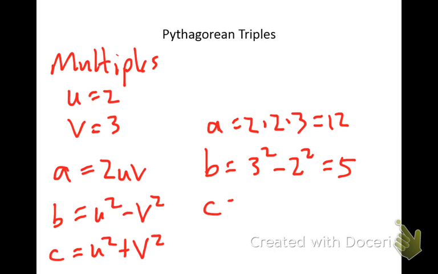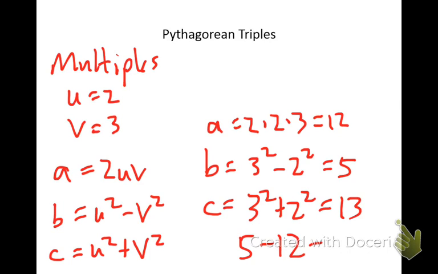And C is equal to 3 squared plus 2 squared, which is equal to 13. And so we have the Pythagorean multiple of 5, 12, 13. Now I could pick other numbers. I could pick 3 and 5. If I plug those into those combinations, it would spit out a Pythagorean triple or a Pythagorean multiple.